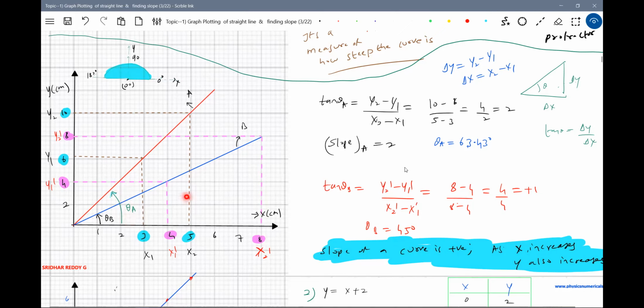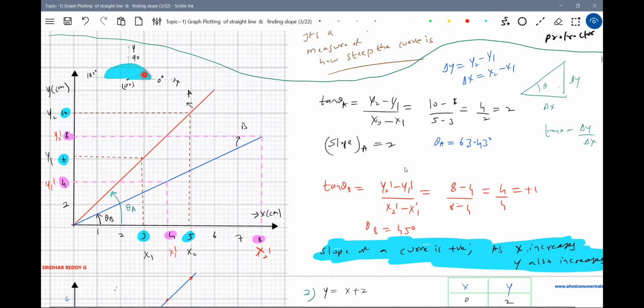You do one thing, bring this protractor, keep it here. Then this blue color line, on which line of the protractor it will merge. Corresponding to that, note down that degree, that angle when you measure, that will be theta B. Similarly, keep the protractor with this reference dot at the origin. Then this red color line will merge with one of the lines marked in the protractor.